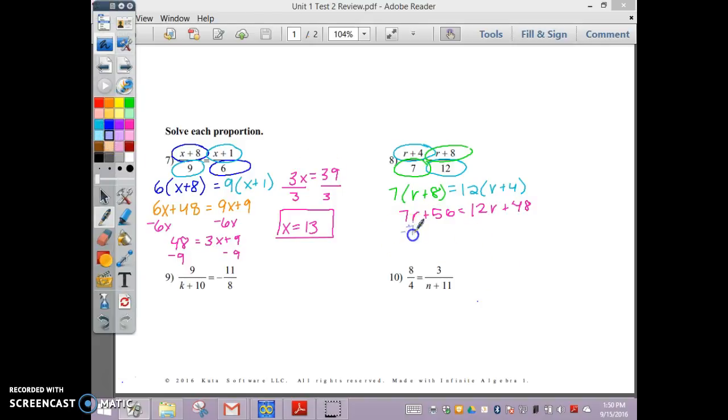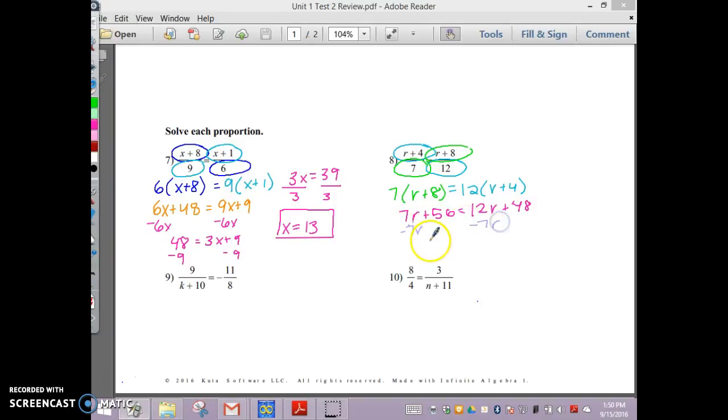I'm going to subtract 7r from both sides. 56 equals 5r plus 48. Subtract 48. 5r is equal to 8. So r is 8/5.